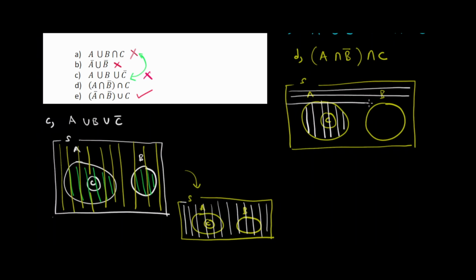We just have to make sure we don't pass through B. So it's like this. But this is now also intersecting C. So let us use a different shade to show the intersecting of C. So this is C.